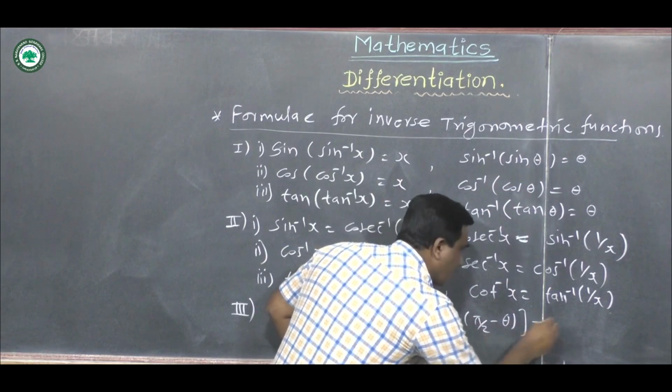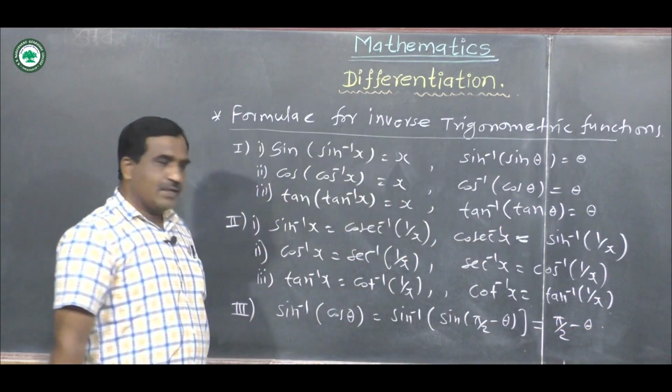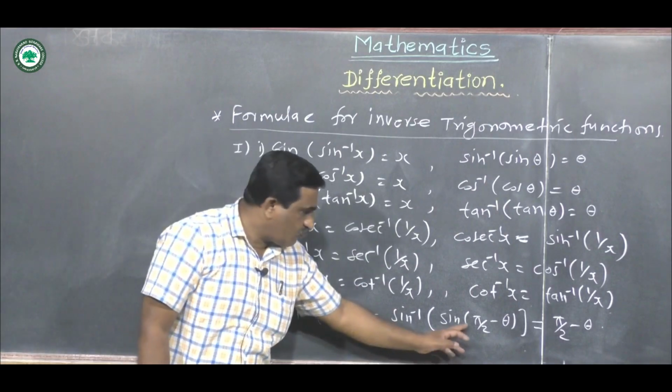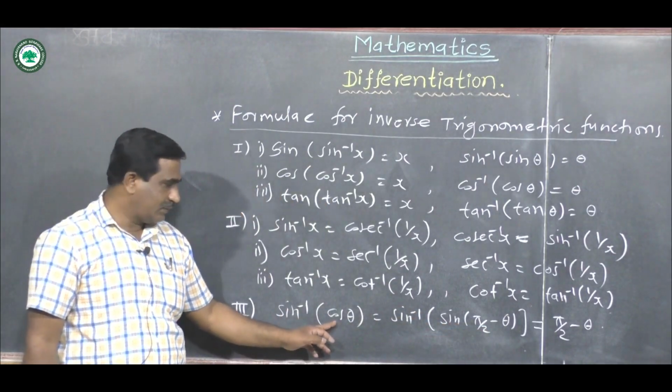Therefore the answer for this is pi by 2 minus theta. We can use here the allied angle formula, sin of pi by 2 minus theta is equal to cos theta.